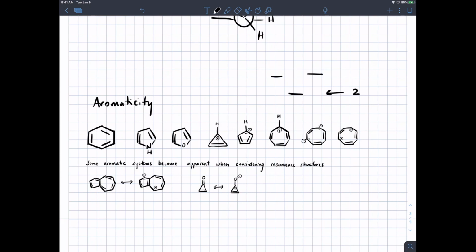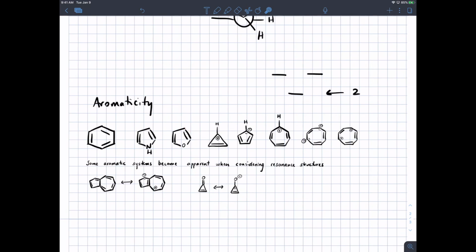Aromaticity consists of filling the bonding orbitals and completely filling the degenerate pairs without leaving unpaired electrons.